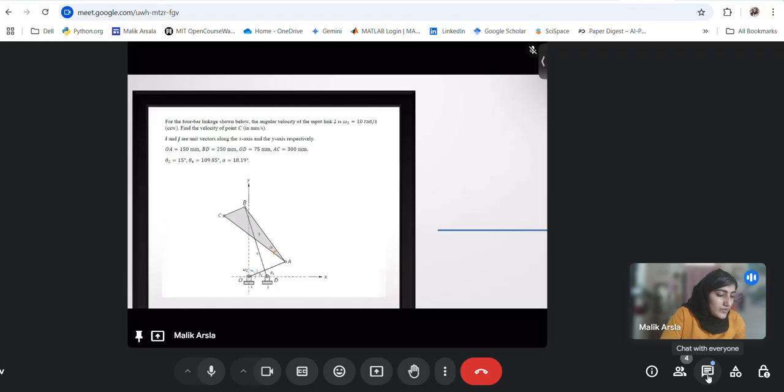And what we have been asked is that this omega 2 has been given as 10 radians per second, and we need to find the velocity of point C. So VC has to be found. Can you tell me how we will do it? Anyone? Can someone tell me what approach we should use?